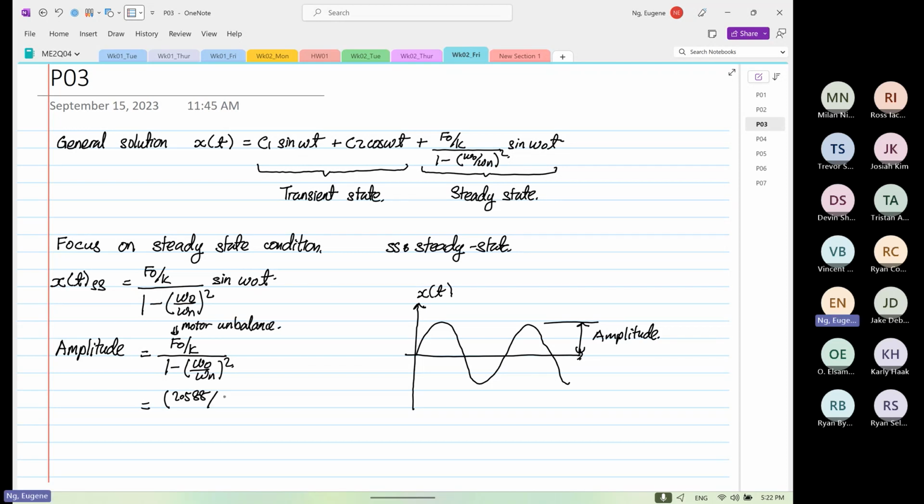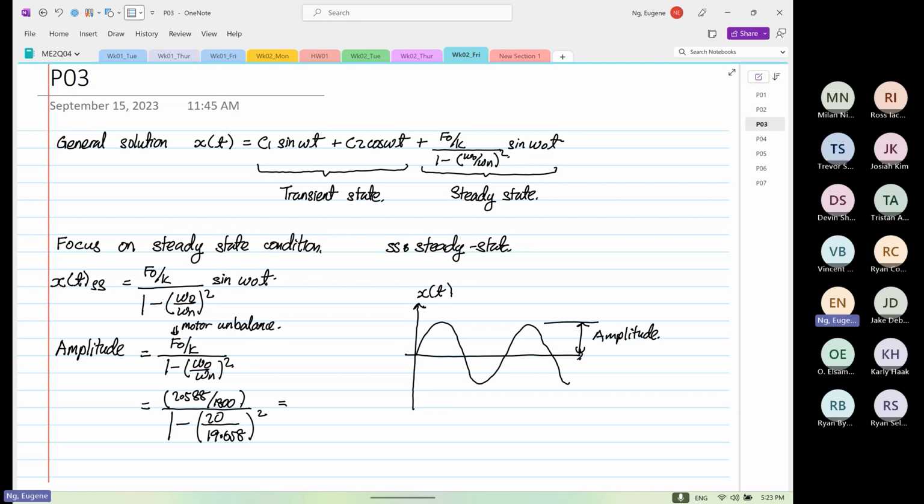Stiffness over here is the stiffness of the structure, which you have calculated is 1800, divided by 1 minus omega naught, that is what has been applied, 20, over omega n, the natural frequency of the structure, which we have calculated is 19.658, and then the whole thing squared.